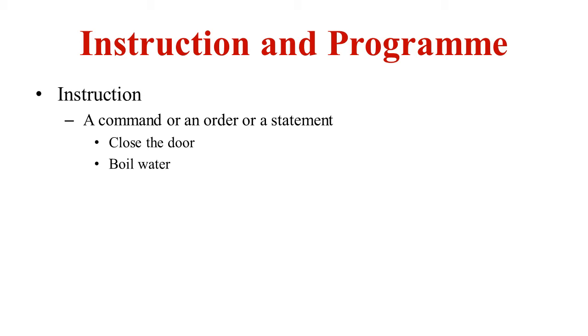These are some instructions that we use in our daily life also. Now, if we talk about computer programming, the instruction may be input A, where A is my variable. I can add the value of two variables and store it in another variable, that is sum. So it is another instruction.